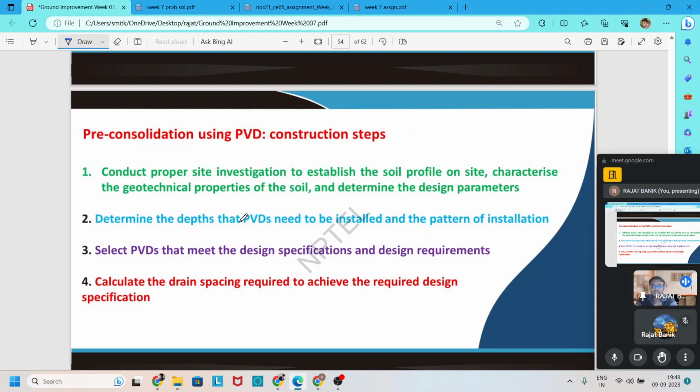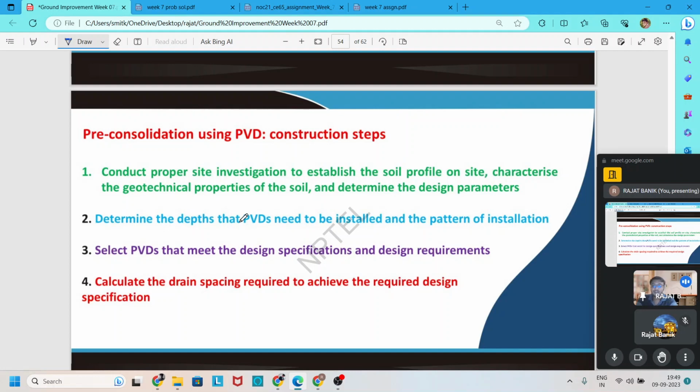So not only for this technique but for all ground improvement techniques, the first step is that we need to investigate the ground or site. For that, we need to find out the soil properties and we will also determine the design parameters.